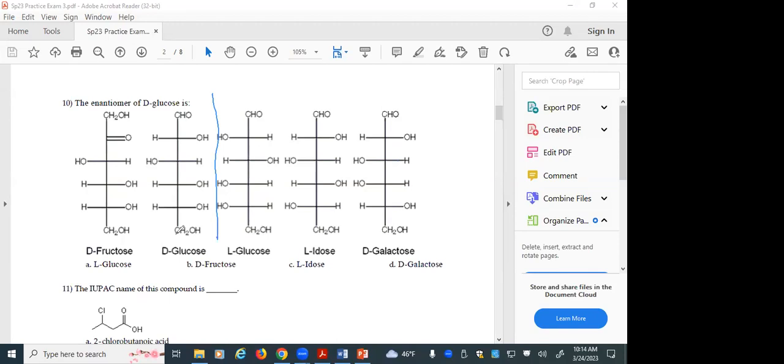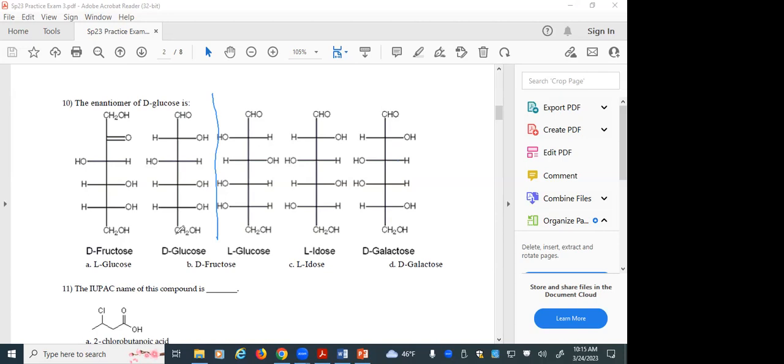The easy way to do that again is put that mirror plane in between, and you should be able to see matching across that mirror plane. Okay, I confused myself. I see it, it's just mirrored. Yeah, that's all an enantiomer is, a mirror image.